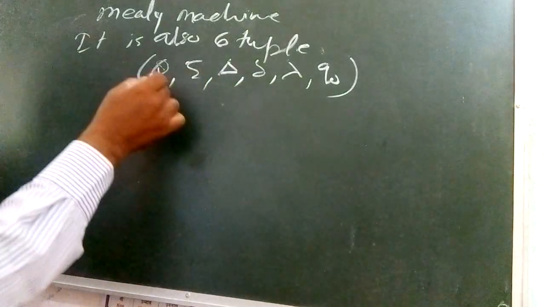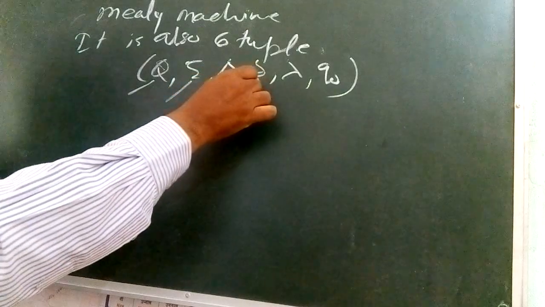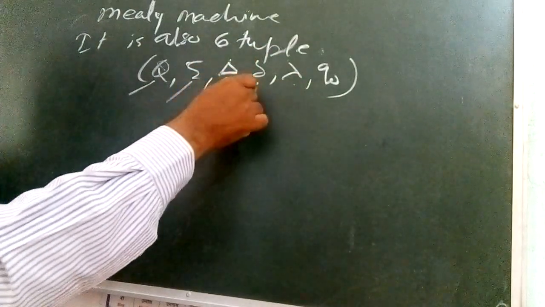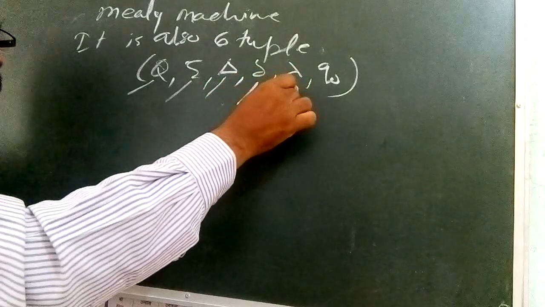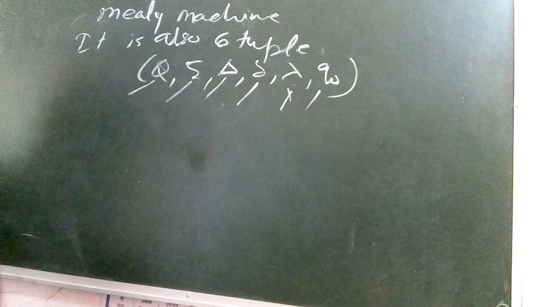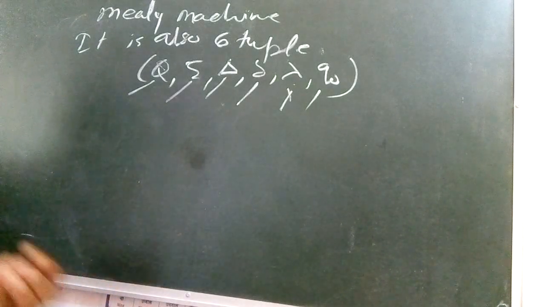The description is the same: set of states, set of inputs, output alphabet, transition function, output function and initial state. There is a difference in the output function only.